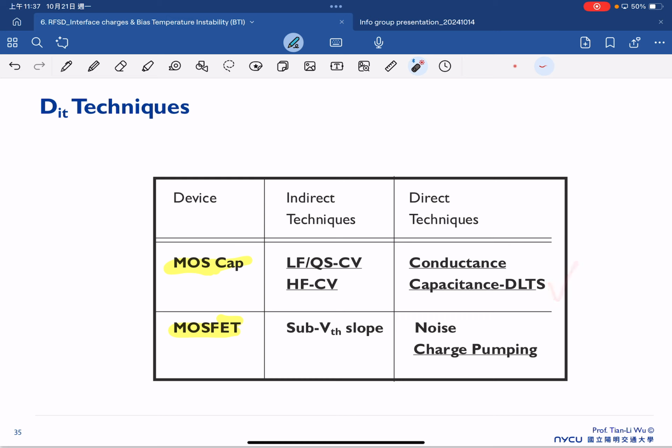In the MOSFET, we can use the substrate slope, and also in the MOSFET we can use noise or charge pumping. Some of these we will quickly mention later on, so that you have a rough understanding of the key idea of these techniques.